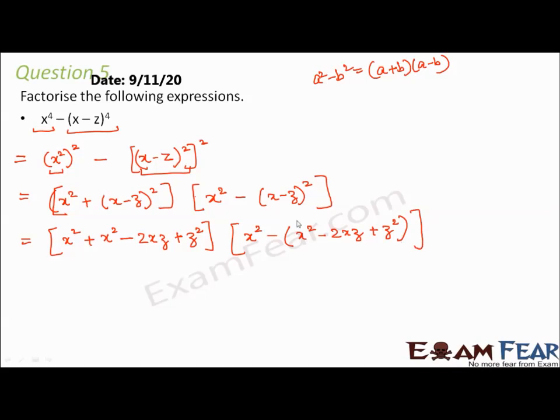Now, do you understand why I have retained the bracket? That's because here we have a negative sign. If you try to remove the bracket and keep the same signs, it will create confusion. So it is better that you break it down, but still keep the bracket intact. Now here, x square plus x square becomes 2x square minus 2xz plus z square.